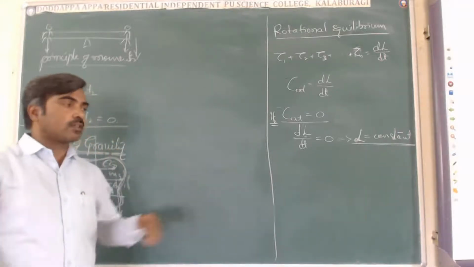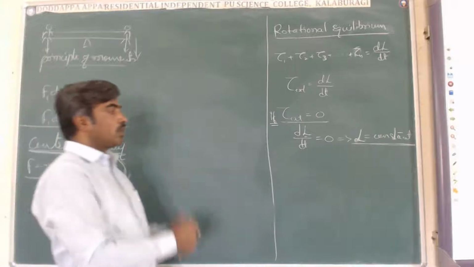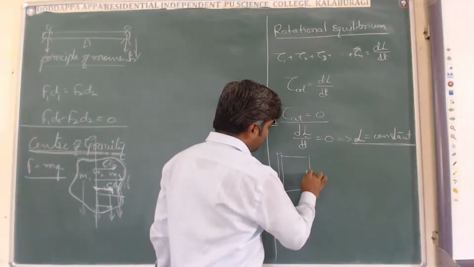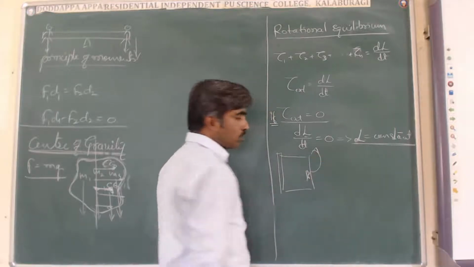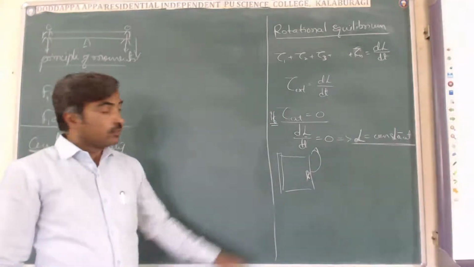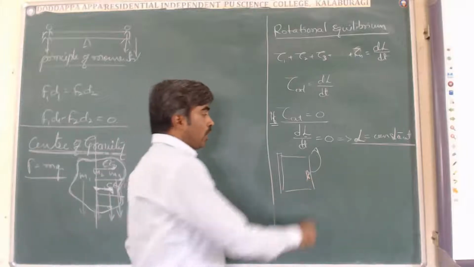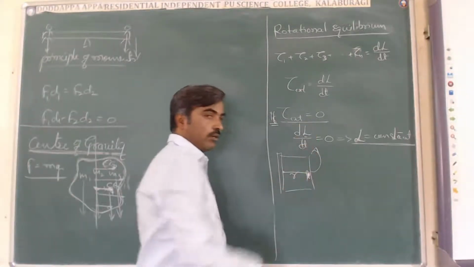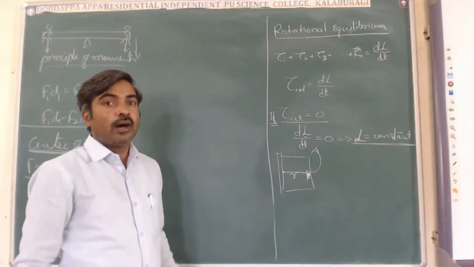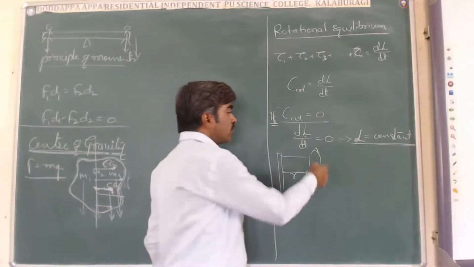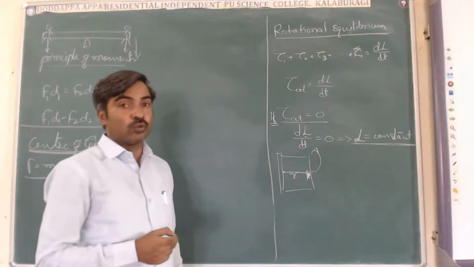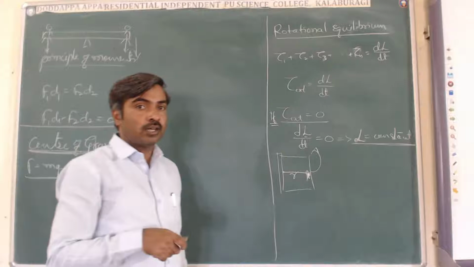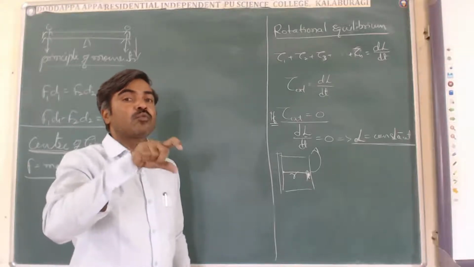Even the huge gates, if you see, at the edge only they will have hinges, so that they can be opened and closed very easily. This depends upon the point of application of force with respect to the axis, at what distance we apply the force, and then very easily the gate can be opened or closed. It is showing the rotational movement.